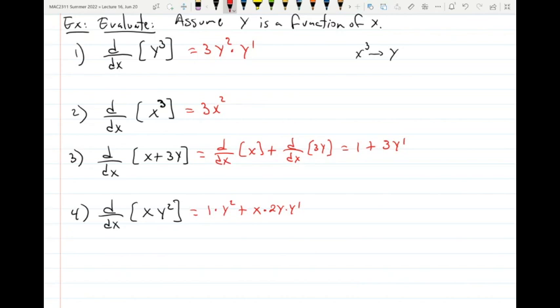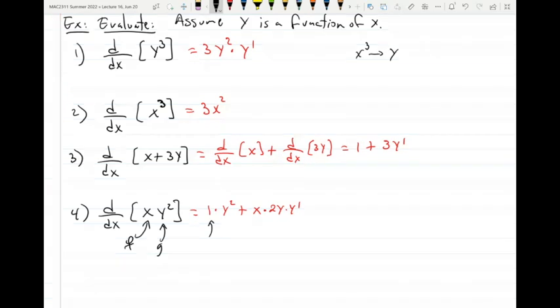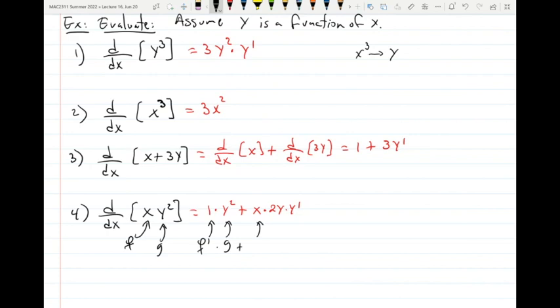That's something that you can use, I guess, to make sure that what you're writing makes a little bit of sense. So product rule. Here, this is your f, if you will, and this is your g. So this guy right here is f prime times g, plus f times g prime.